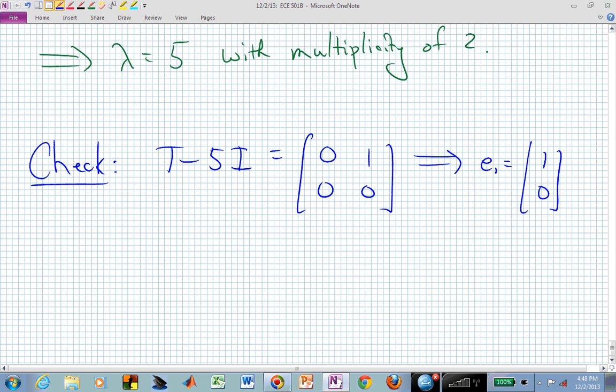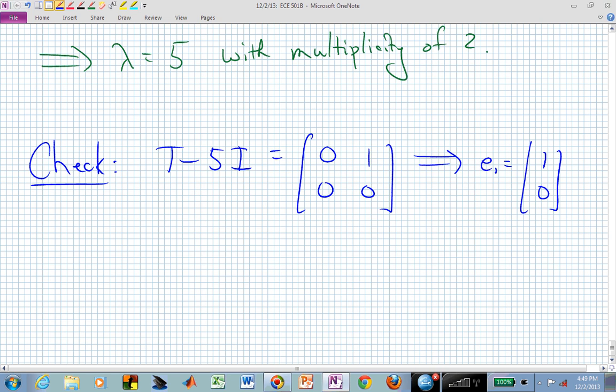If we were dealing with the xy plane, something in the x direction is in the null space. If we had a y component, it wouldn't give us the 0 vector when operated on by this matrix 0, 1, 0, 0. Is that clear?